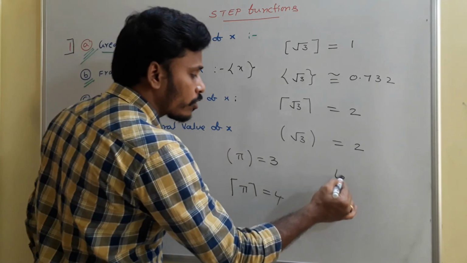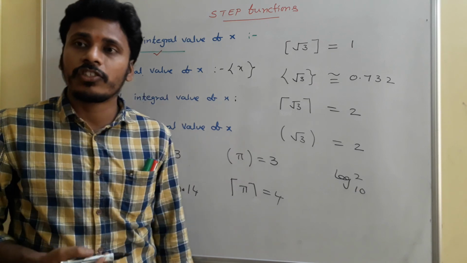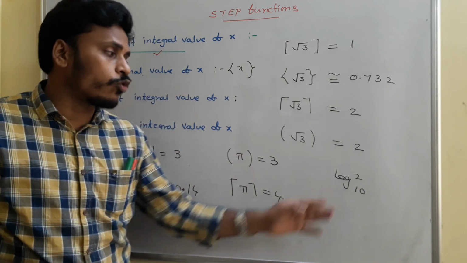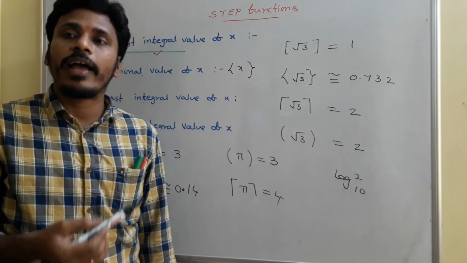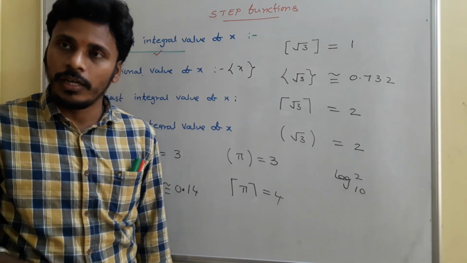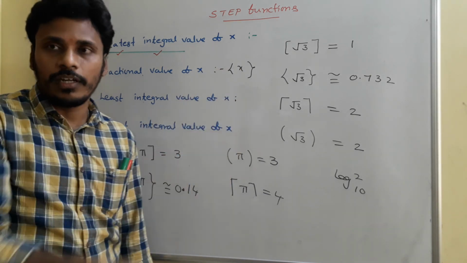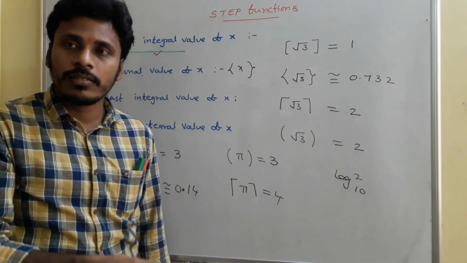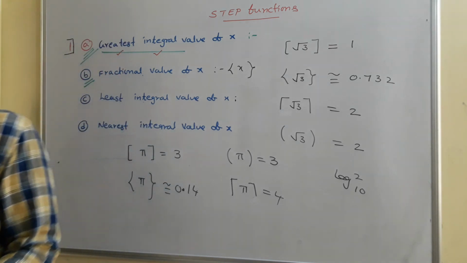Think about something like log 2 base 10, which is a real number. You have a chance to write all these values for log 2 base 10 again. Or you may take a decimal value, any value as you wish. If it is real, then there is a chance to write all these representations: step x, floor x, ceiling x, and the nearest integral value of x. Okay, that's for today's class. Just have a look.